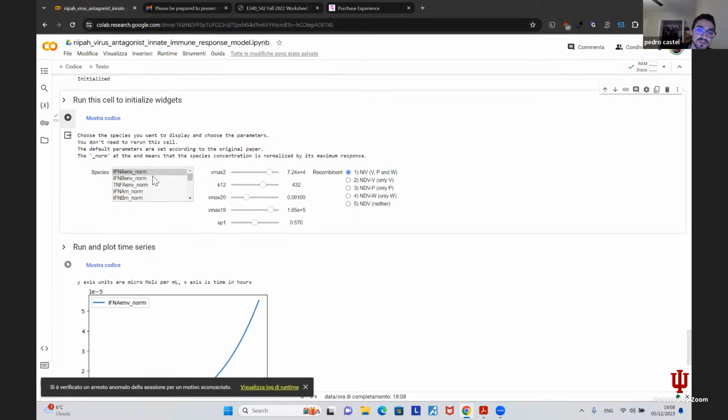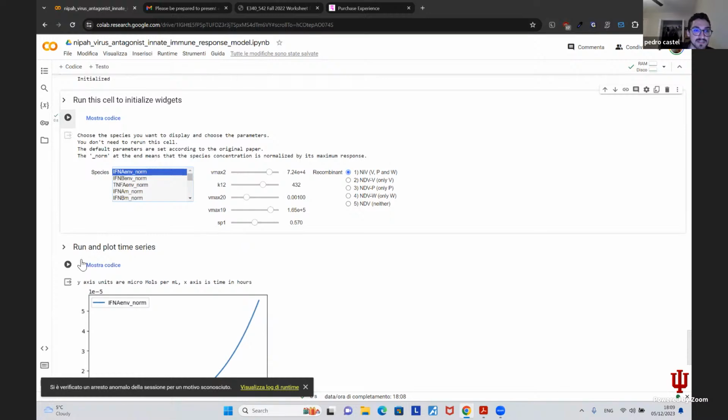I guessed how they normalized, so this is not perfect; I'm not sure what they did. Here are the default parameters, and you choose what variant of virus you want to test. NiV is all three proteins being produced, then there's only V, only P, only W, and neither, which is just the normal NDV virus.